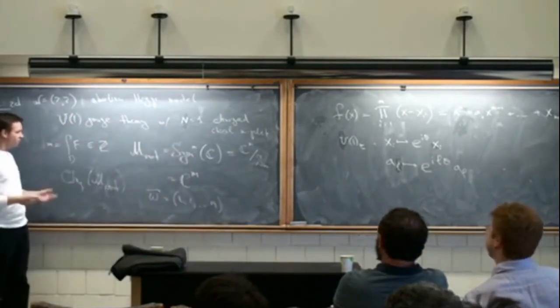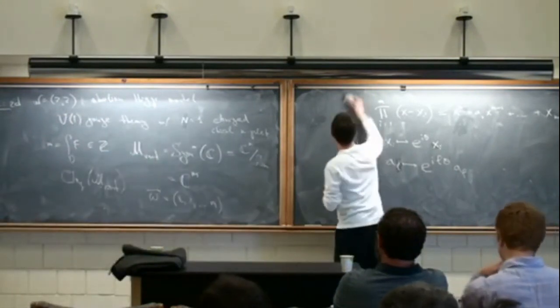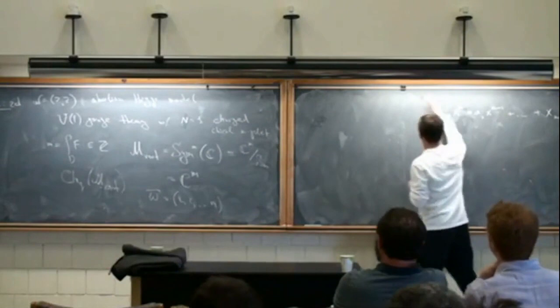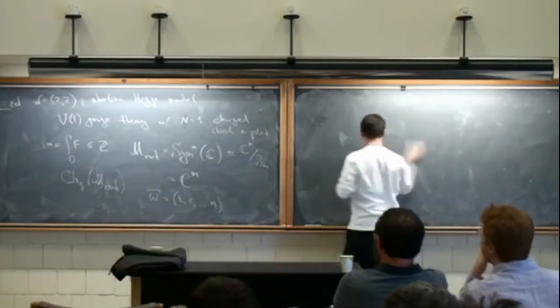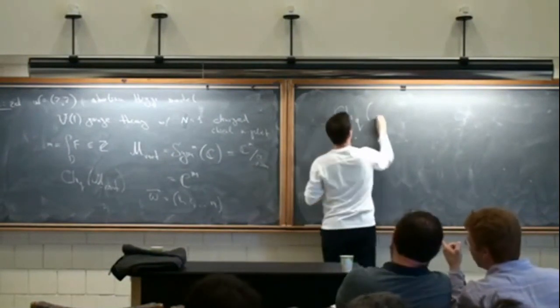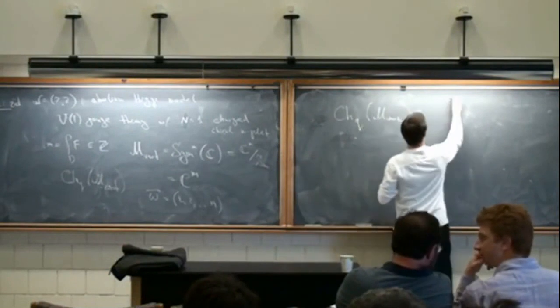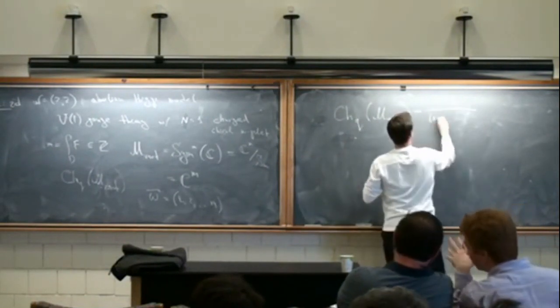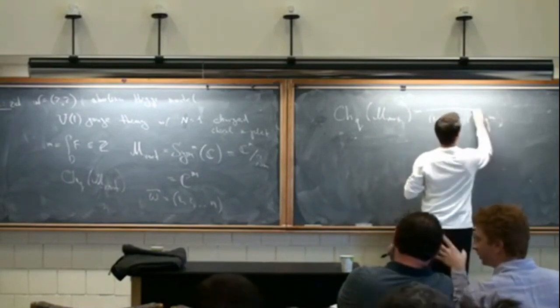So therefore, you can easily write the equivariant character. The character q of m vortices in this case is 1 over 1 minus q, and so on up to 1 minus q to the f.